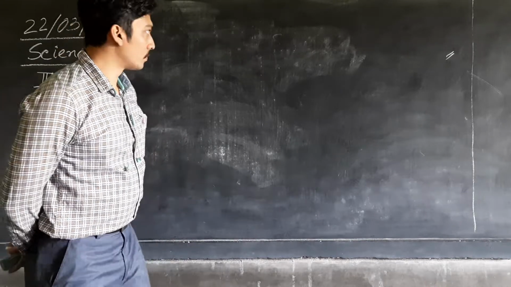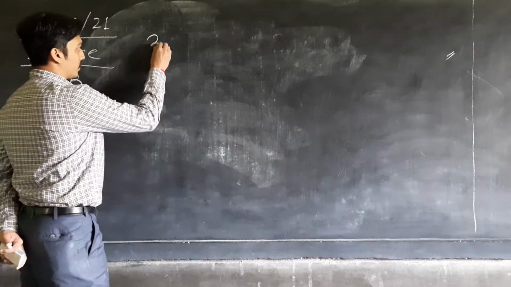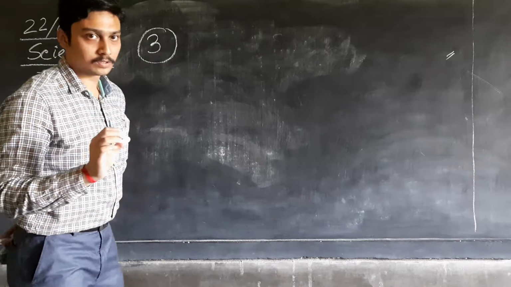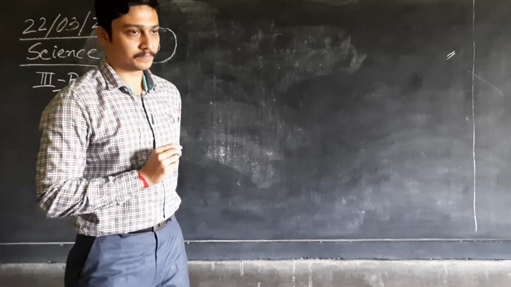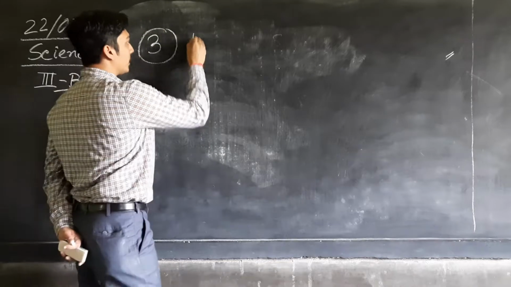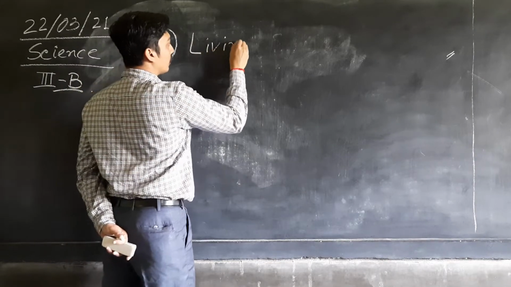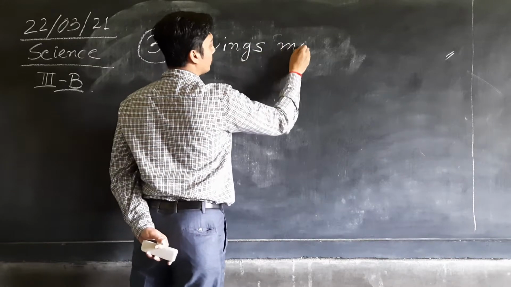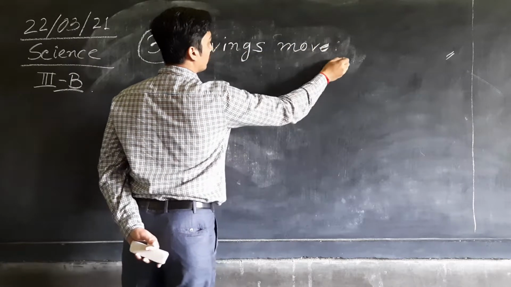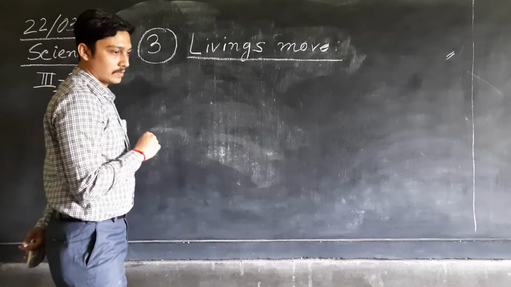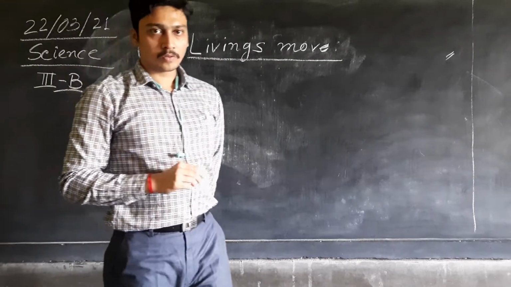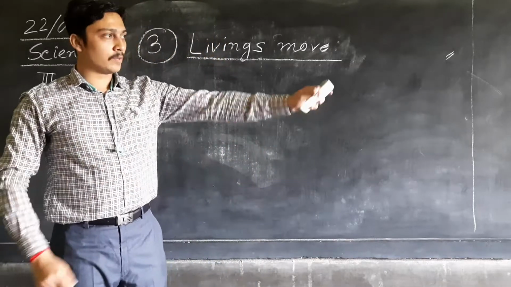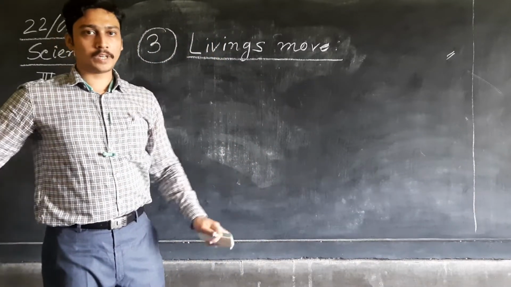Now, this is the third characteristic. If you see in your book, the third characteristic is that living things move. You see, I am moving. My hands are moving.